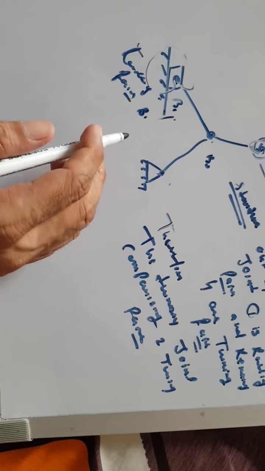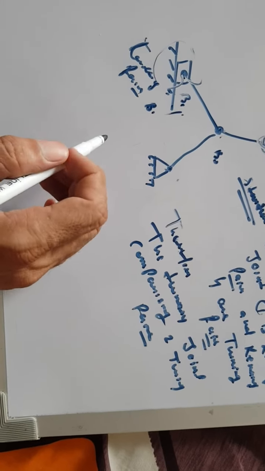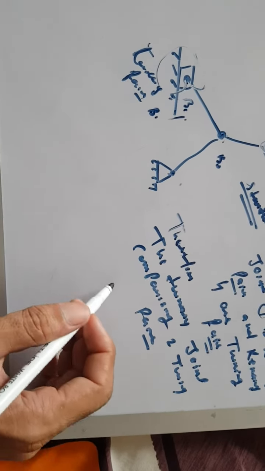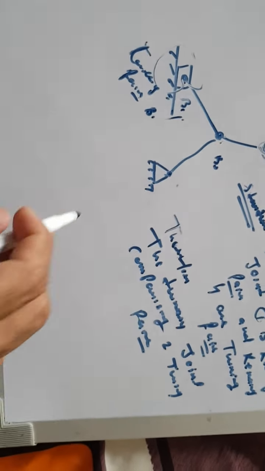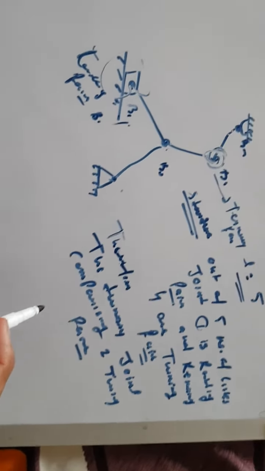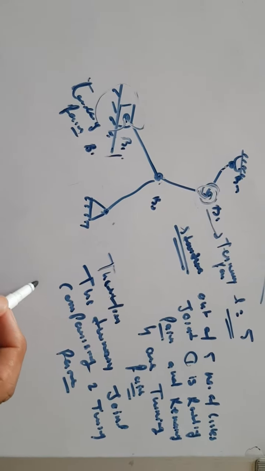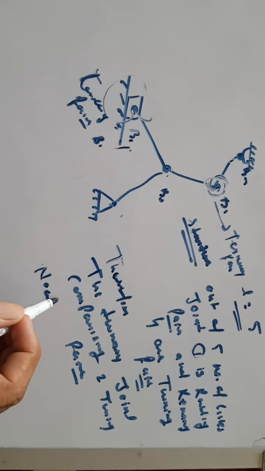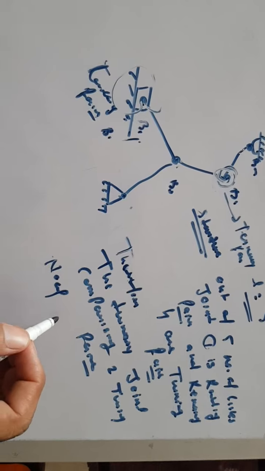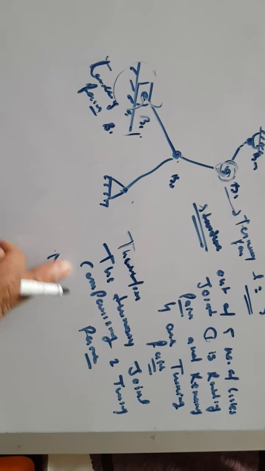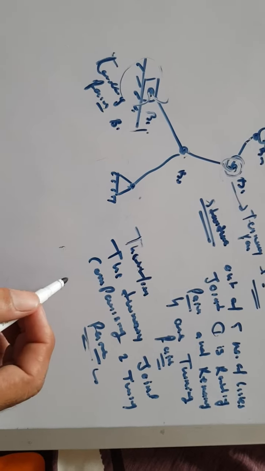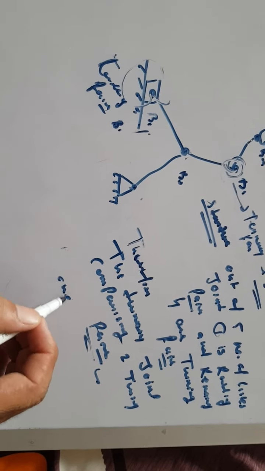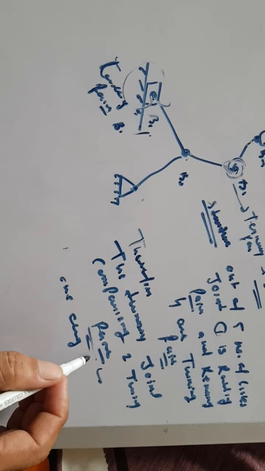So this is the ternary joint consisting of the two turning pairs. So that is the two turning pairs of this. So the number of two turning pairs is this, and also we know that there is one sliding pair.